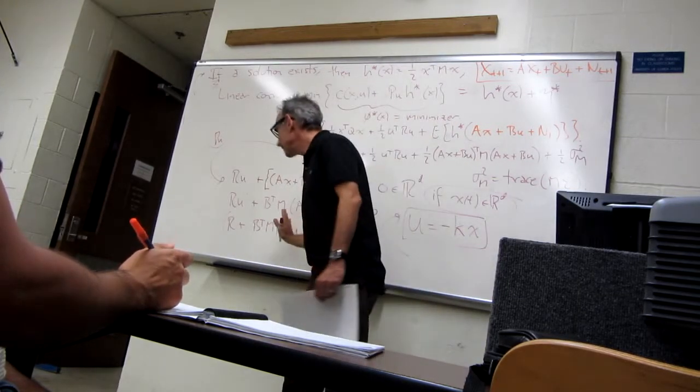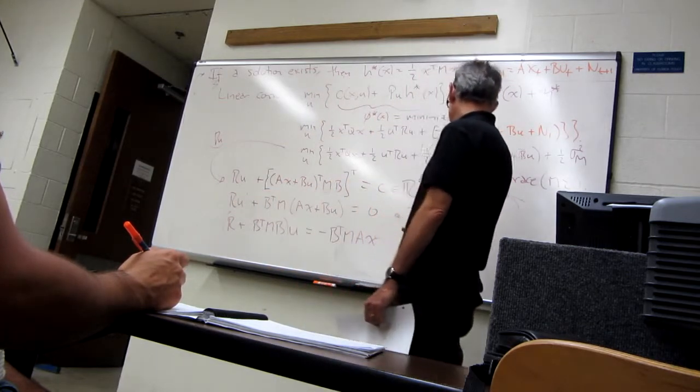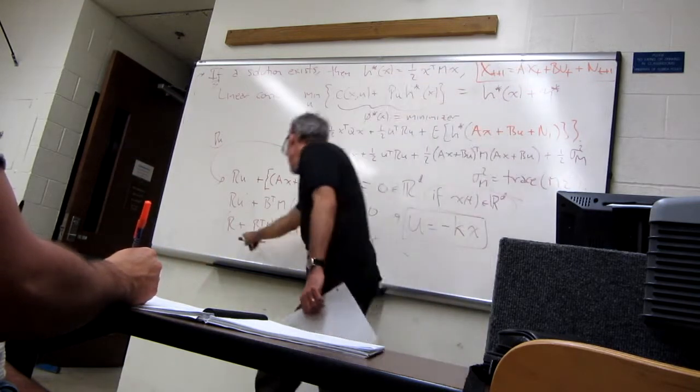If I take all the u terms to the left-hand side, all the x terms to the right-hand side, I get u equals minus kx, linear feedback. And what's k? Well, I just convert this.